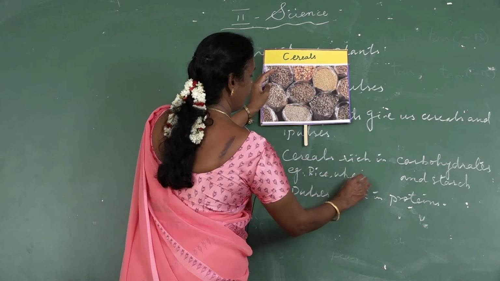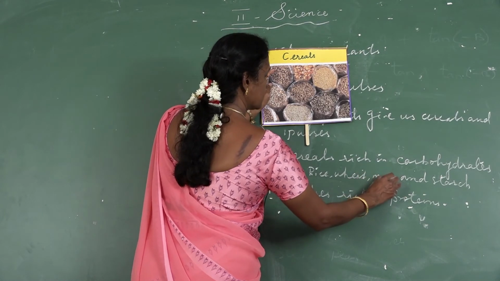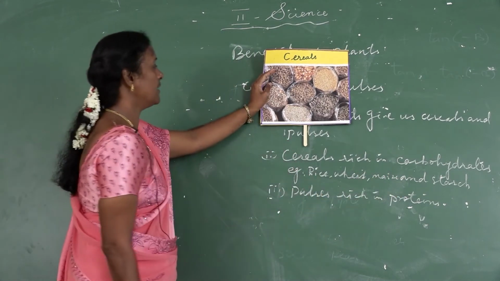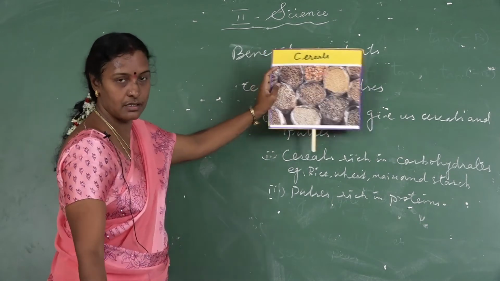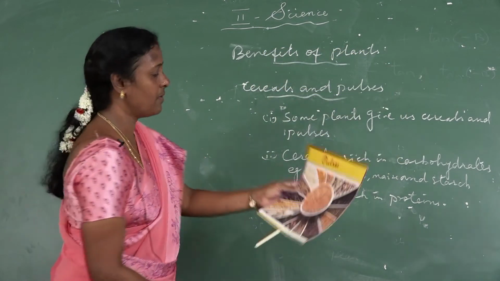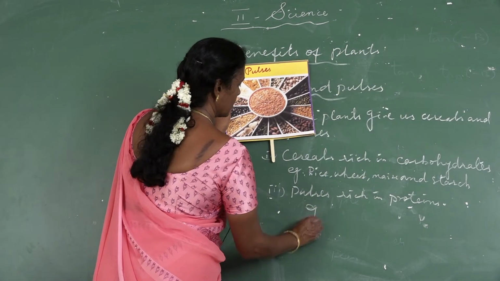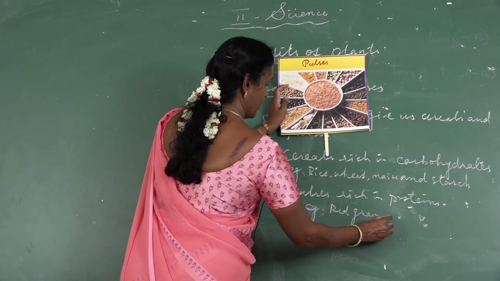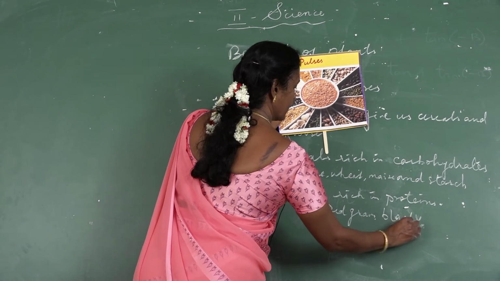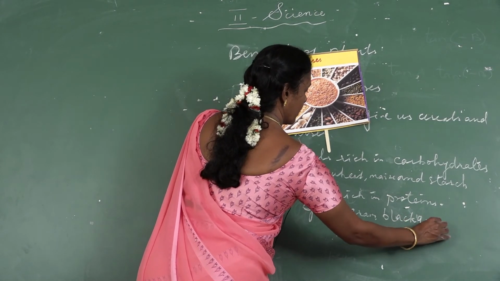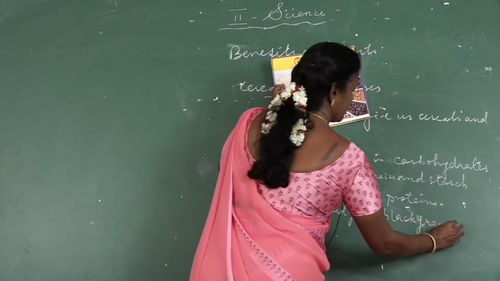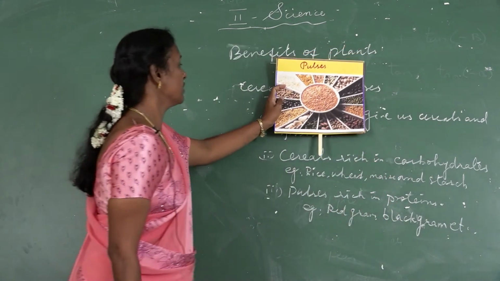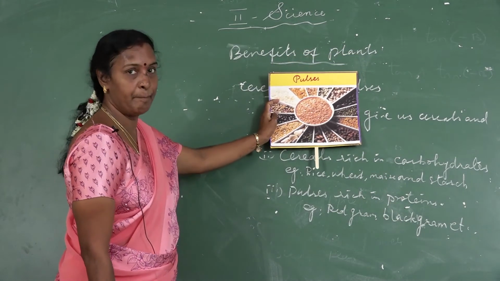Rice, wheat, maize, millets. These are the examples of cereals. Next, what are the examples of the pulses? Red gram, black gram, etc. These are the examples of the pulses.